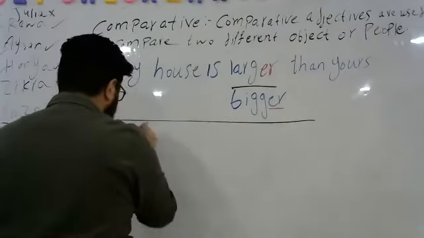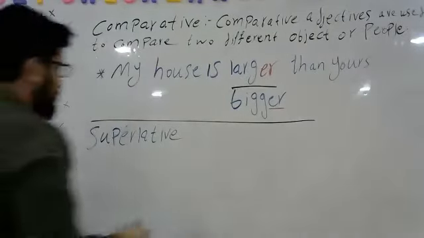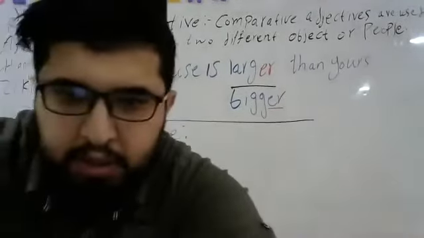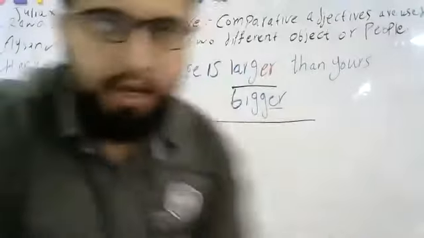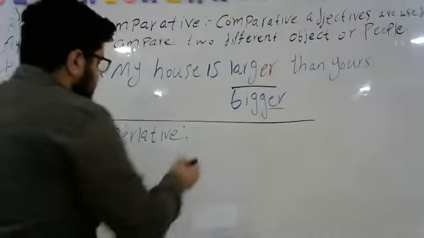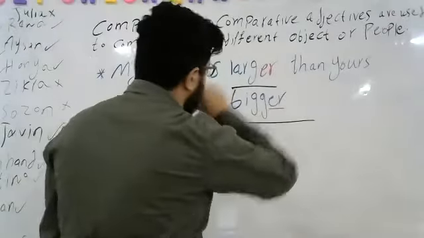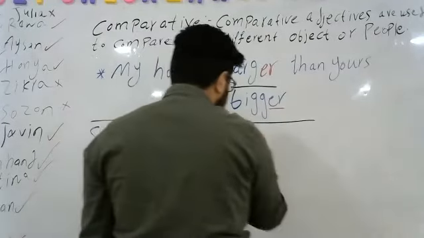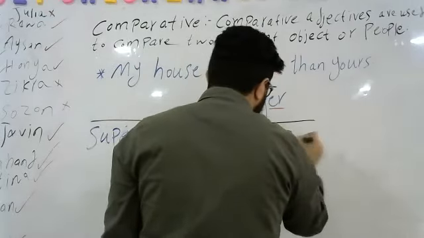Let's give it a definition. Superlative is what? An adjective. I write it with black, just like the one up there, comparative. An adjective.